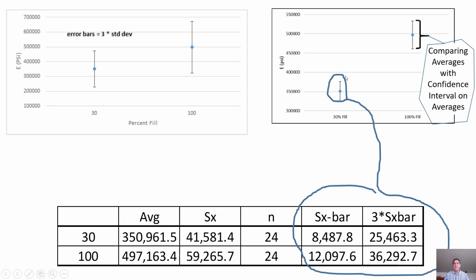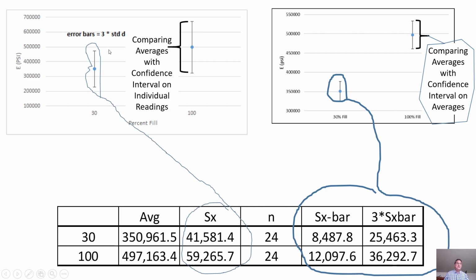Here's what's going on. Over here, this person correctly used this as a standard deviation, and they multiplied it by 3. They're comparing averages with a confidence interval on the average. So you've got to use the standard deviation of the averages. This person over here incorrectly used this standard deviation. So they were comparing averages with a confidence interval on individual readings.